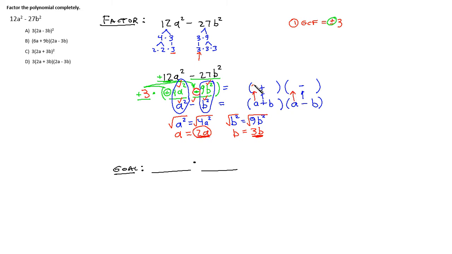Our a is 2a. So it goes in both of those spaces delegated to a. And our b in our problem replaces b in the formula. Our b is 3b and 3b here. And don't forget, we need the GCF to also be included as one of the final factors.